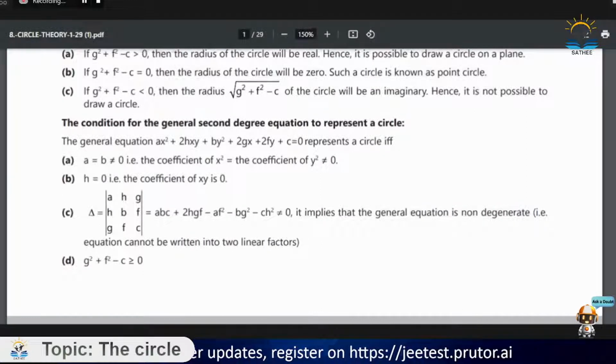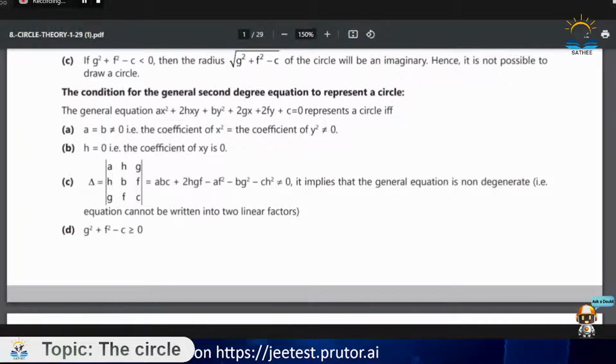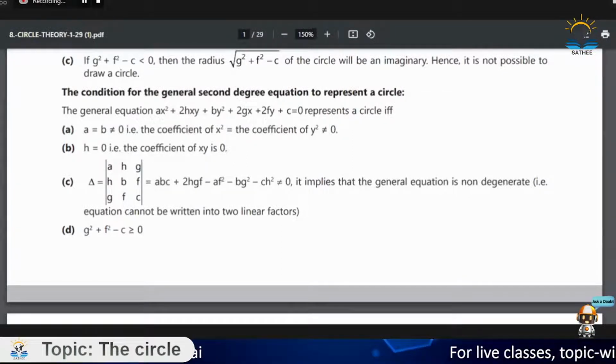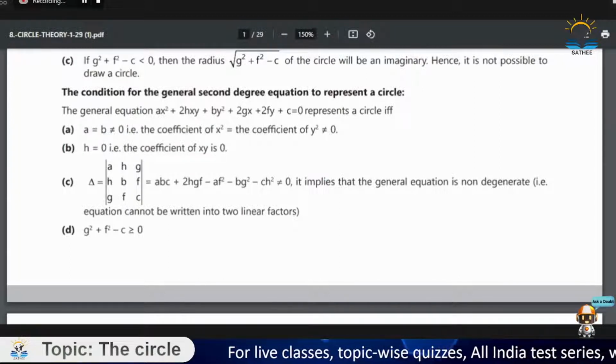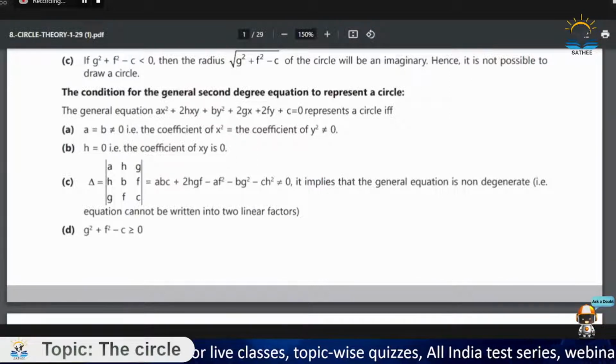Okay, the condition for the general second degree equation to represent a circle. What is the condition for this to represent a circle? The first and foremost condition is a and b should not be equal to 0, where a and b are the coefficients of degree 2, that is the coefficient of x square and the coefficient of y square. The second thing is that they should be equal.